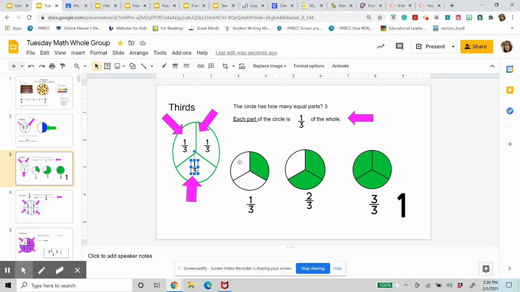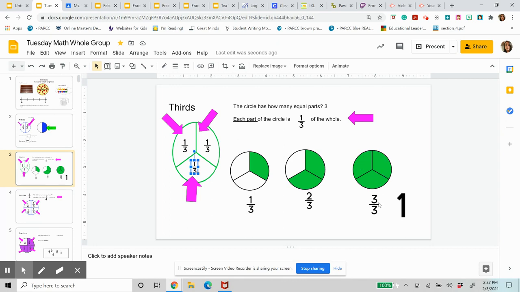And so if we look here, we have our 3 equal pieces. 1 part is shaded in. So 1/3 is shaded in. Here, 2 parts are shaded in. So 2 out of the 3 are shaded in, or 2/3 are shaded in. Here, this part and this part are shaded in.